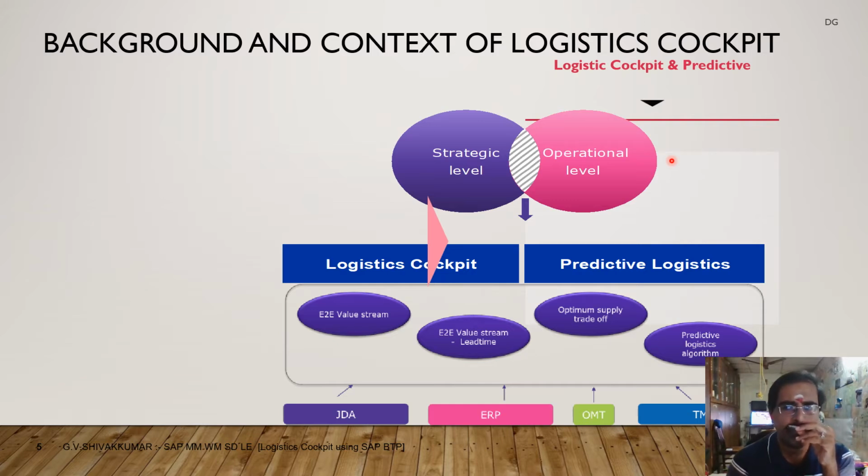If both are integrated, then your approach will be more efficient. You can easily track from vendor procurement, as I already told, till the end customer delivery, right? So this logistic cockpit will have an end-to-end value stream predetermined, and also end-to-end value stream lead times.